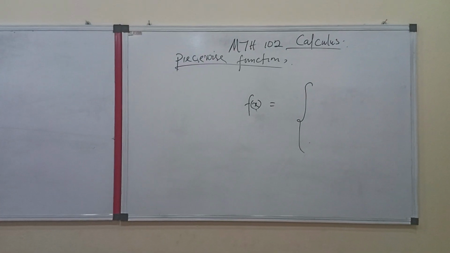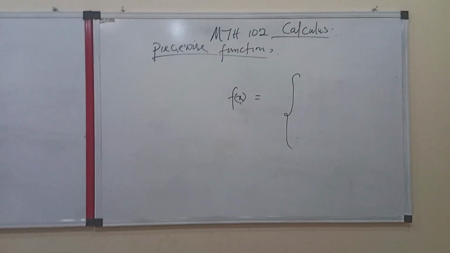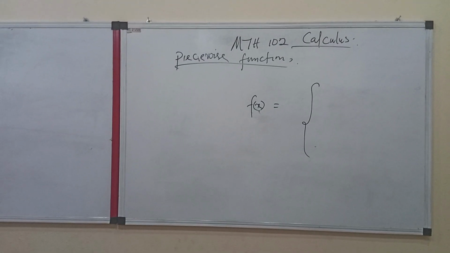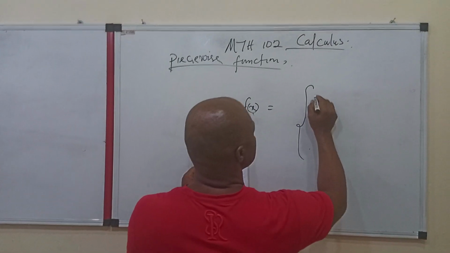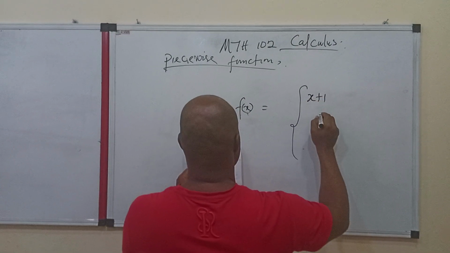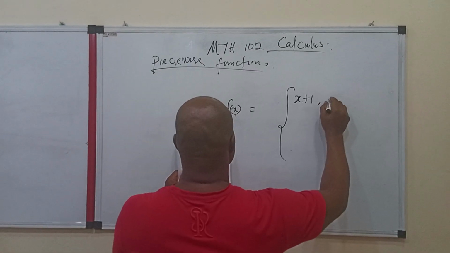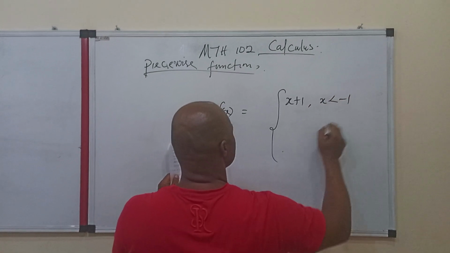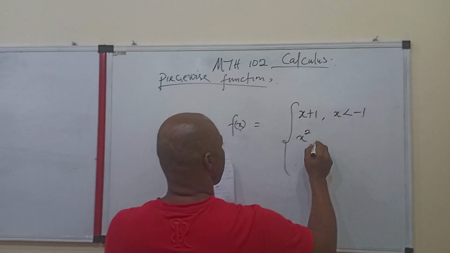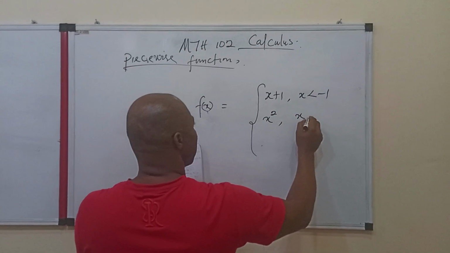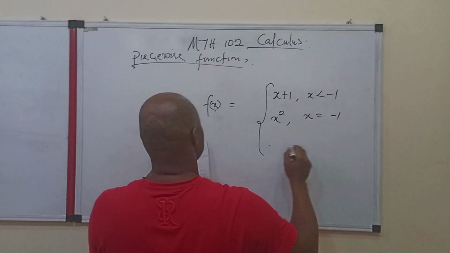Now make we consider this example wey we get for here. The example say, na piecewise function: x plus 1, where the domain na x is less than minus 1, and we get x squared, where the domain na x is equal to minus 1.